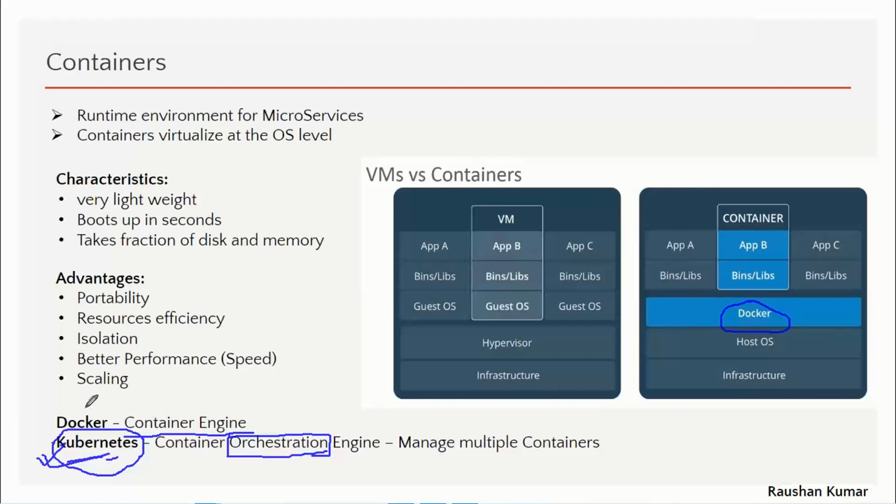When I have Docker installed and multiple containers, the communication will happen between these containers using the overlay network, the bridge network that we have within Docker. But orchestration means auto scaling, auto scheduling, load balancing, a lot of capabilities, and that orchestration is done by Kubernetes.